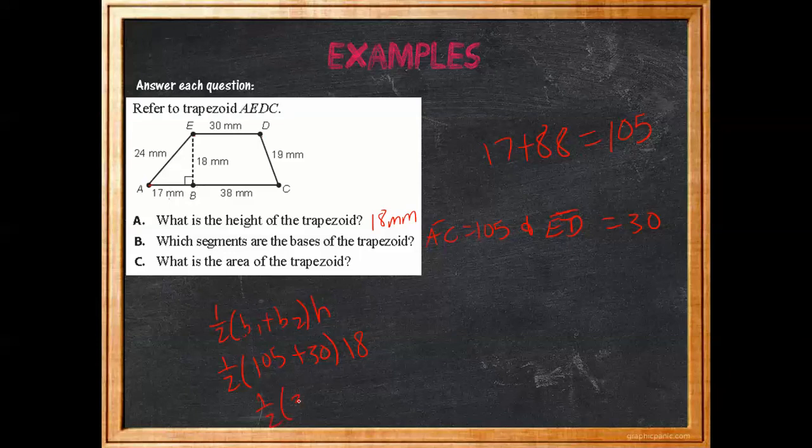So now we have 1/2 times 135 times 18. 135 times 18 is 2,430. When we multiply that times 1/2, that gives us 1,215. So the area is 1,215 millimeters squared. Remember, for area we do units squared.